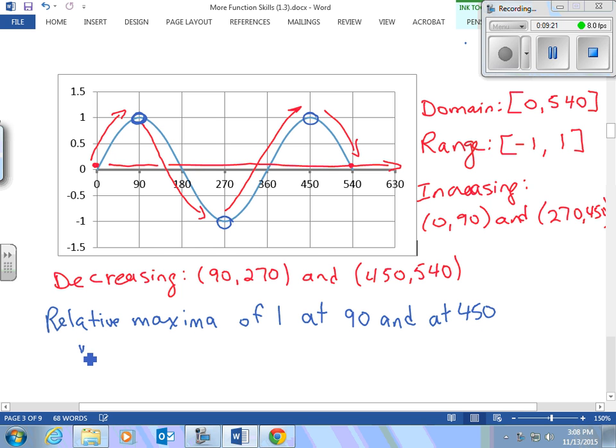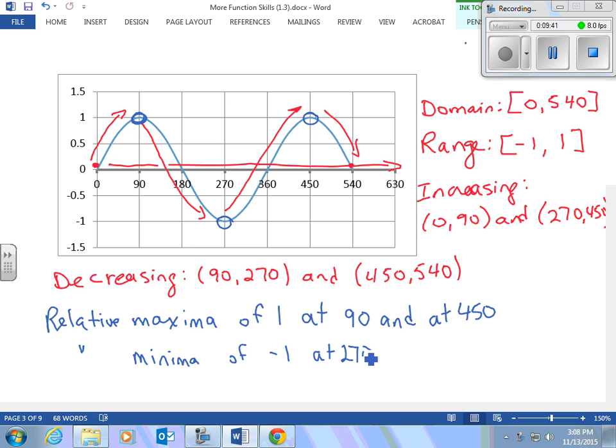And we have a relative minima of -1, and it happens at 270. Okay? Or we could give the coordinates of those 3 points.